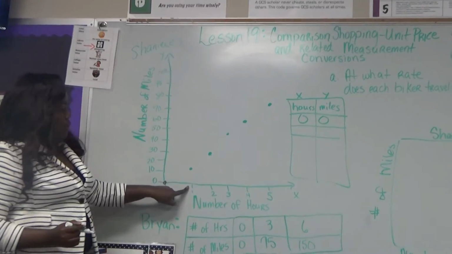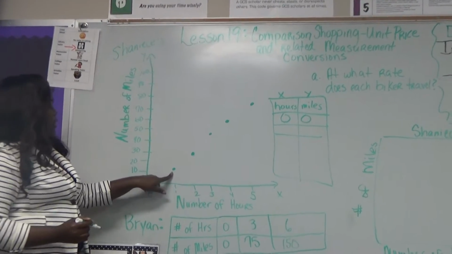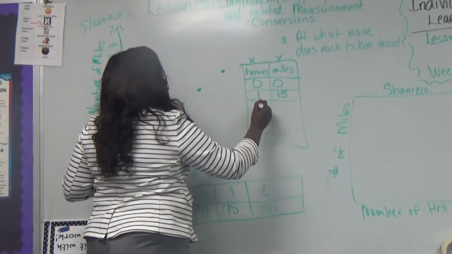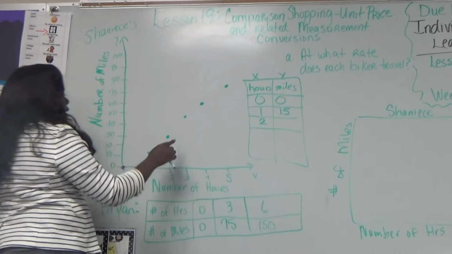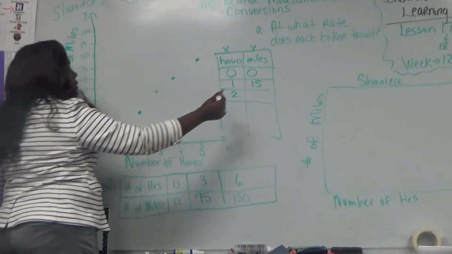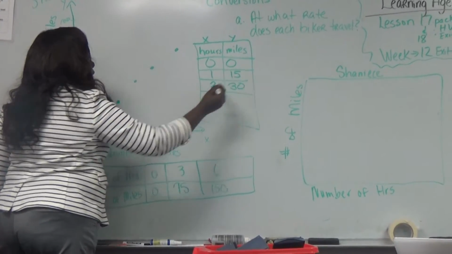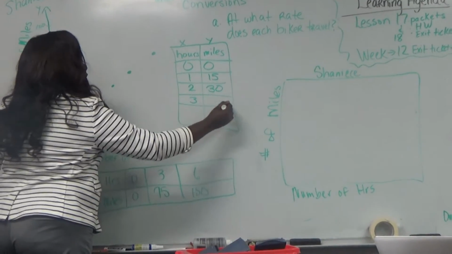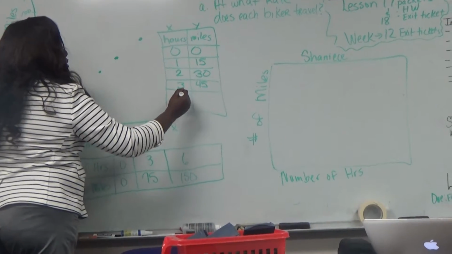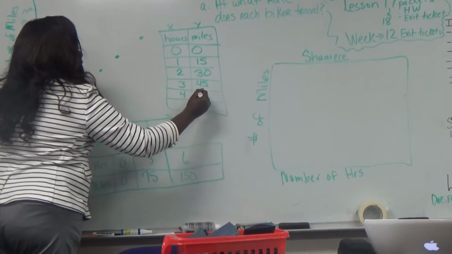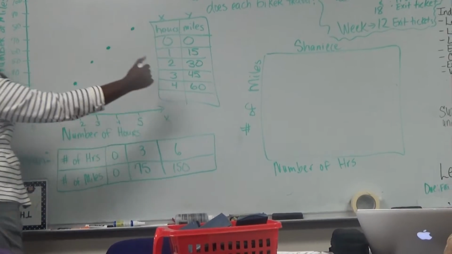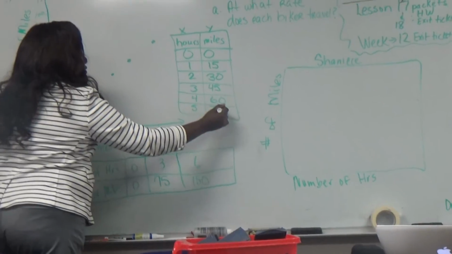When she went 1 hour, she went 15 miles. 2 hours, she went 30 miles. 3 hours would be 45 miles. 4 hours would be 60 miles. 5 hours would be 75 miles.